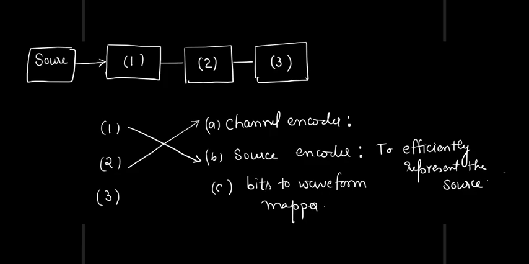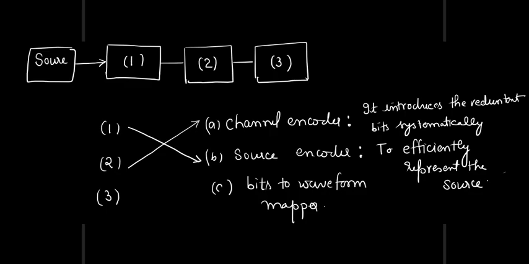It introduces a few redundant bits intelligently, systematically, which we can further exploit at the receiver. For example, what is one example which we have discussed? Repetition codes.